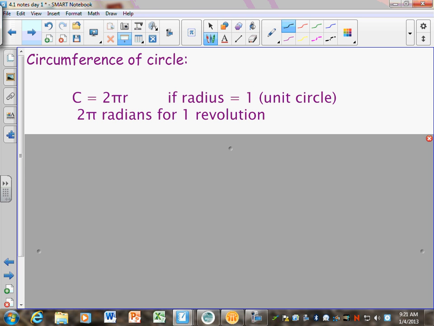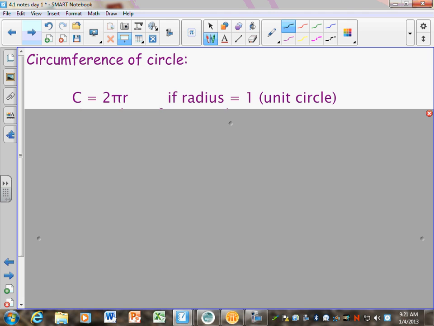Alright, so let's compare this to what we know about circles. When we're talking about measuring stuff, it's always good to talk about it in terms of a circle. And we should know that the circumference of a circle, which is the distance around the circle, is 2 pi times the radius, or pi times diameter.